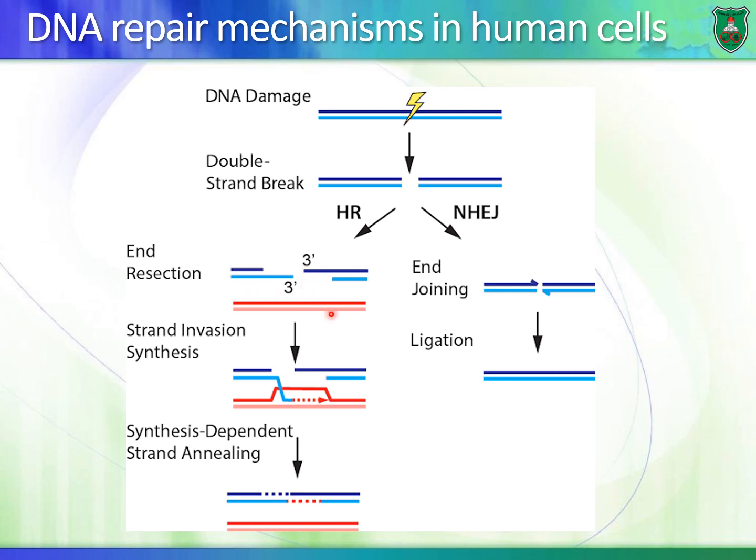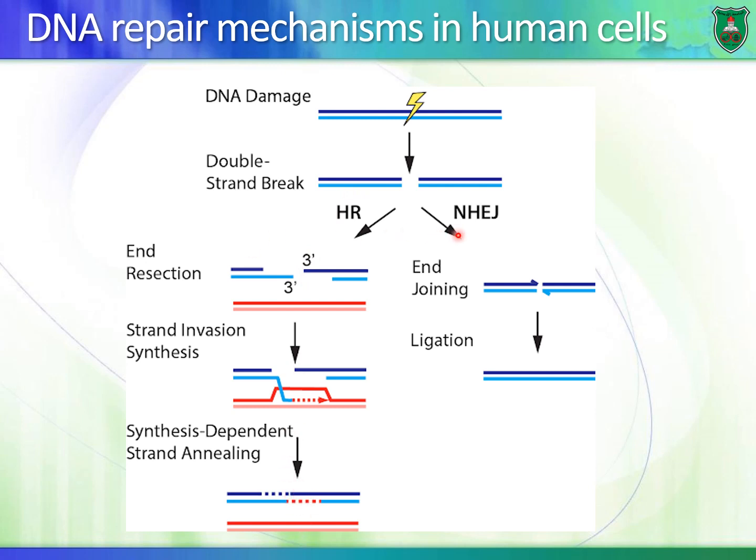And the system utilizes or takes advantage of the homologous chromosome. It uses it to fill in the gaps. Okay, so now the chromosome that is broken is repaired.